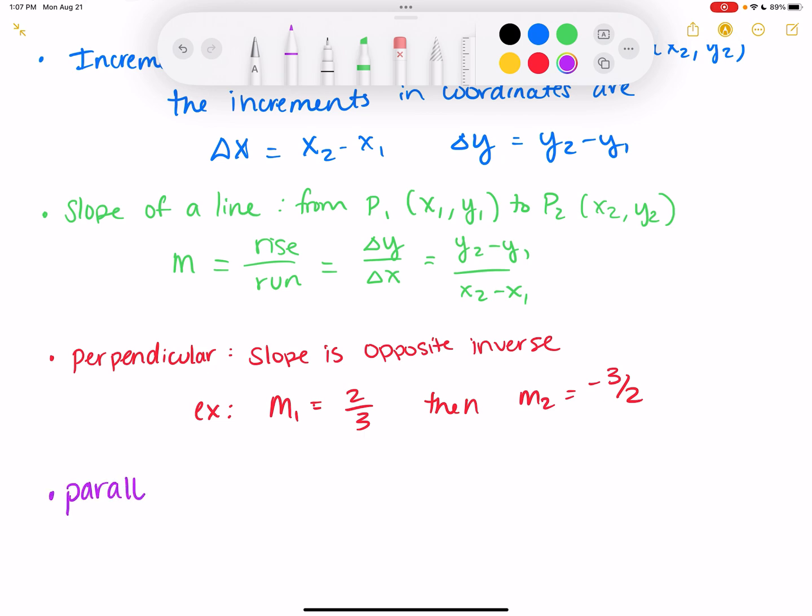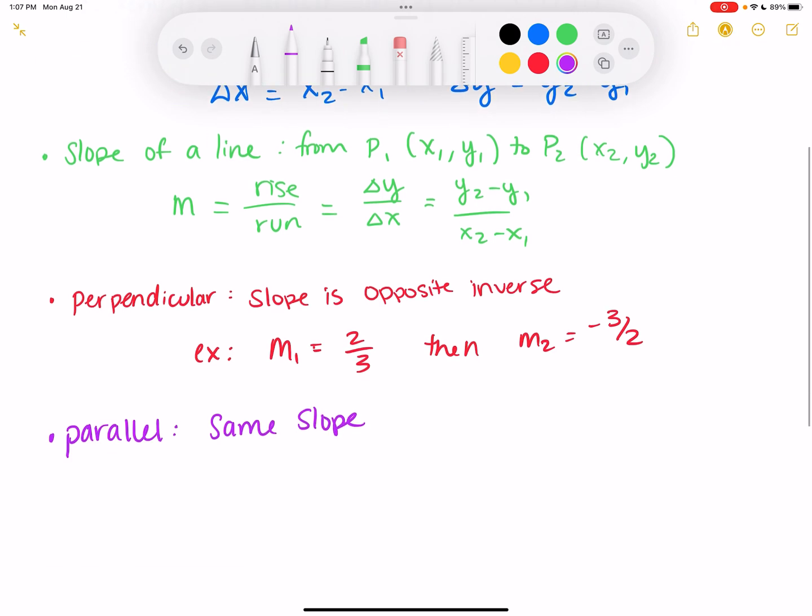Parallel lines have the same slope. So M1 is equal to M2. They just have a different y-intercept. With perpendicular, they could have the same y-intercept, but they don't have to.